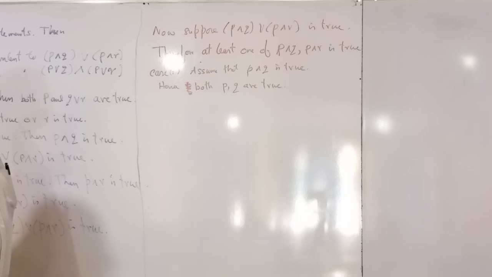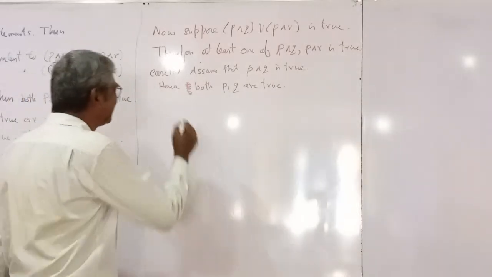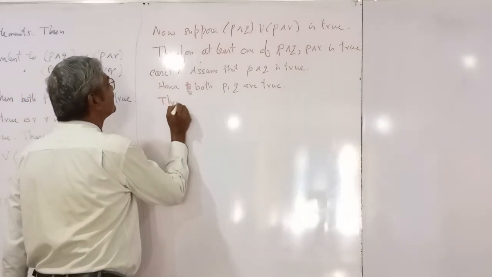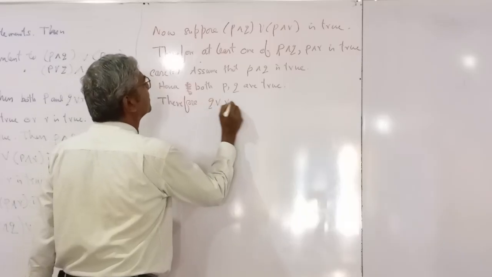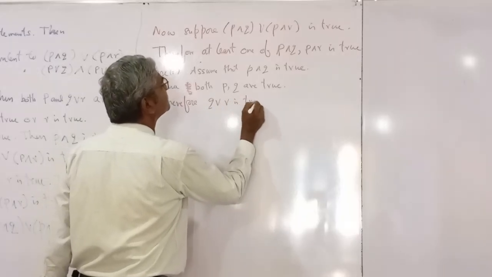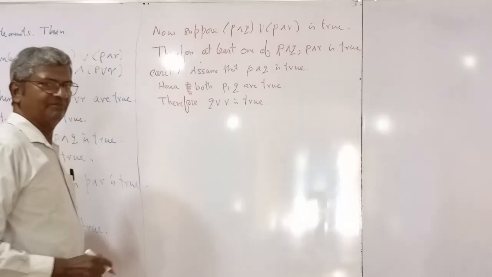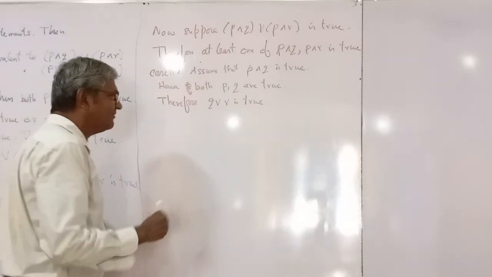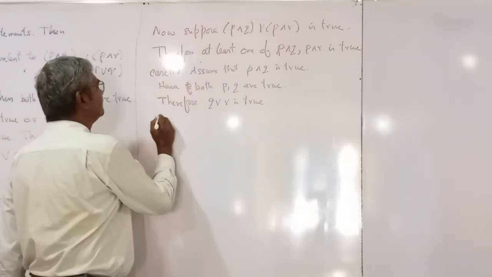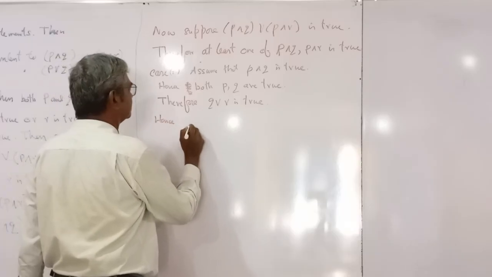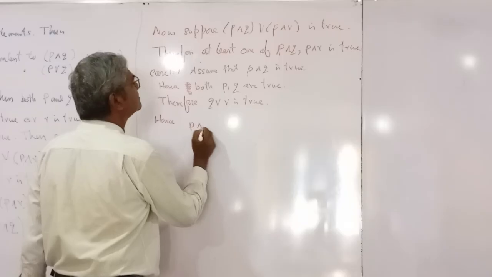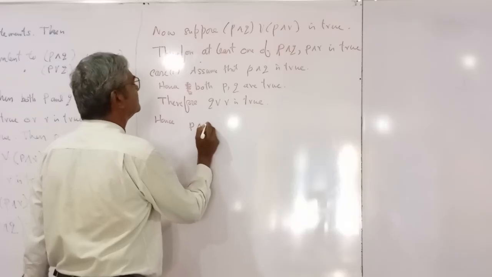Hence, both P and Q are true. Therefore, Q or R is true. You cannot jump. Q or R is true. Now we can say that one. What can I say? Hence, P and (Q or R) is true.